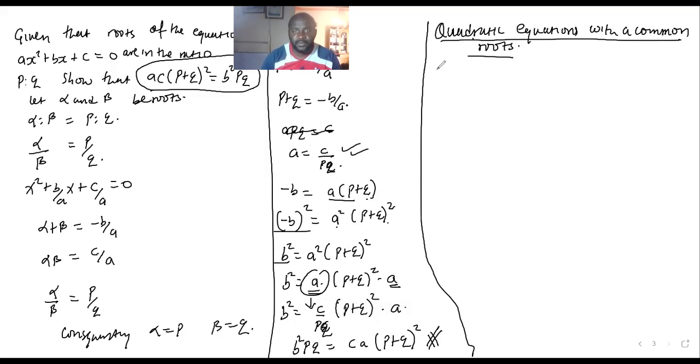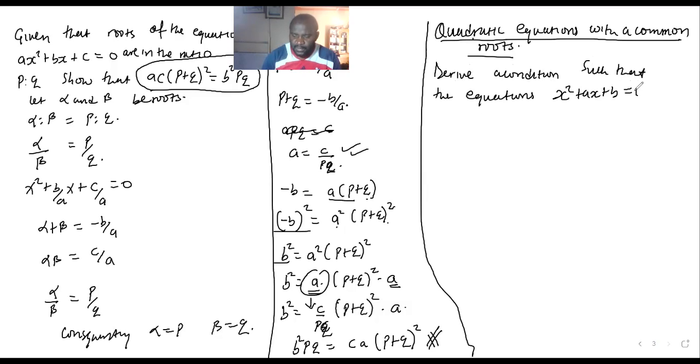Okay, so here we are. Derive the condition such that the equations x squared plus ax plus b is equal to 0 and cx squared plus 2ax minus 3b is equal to 0 have a common root.